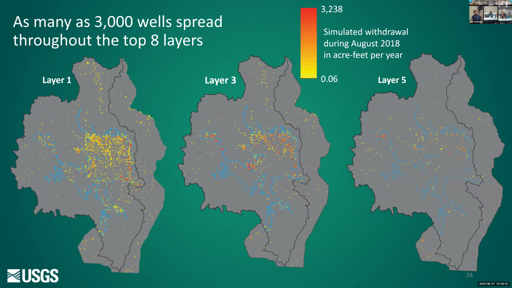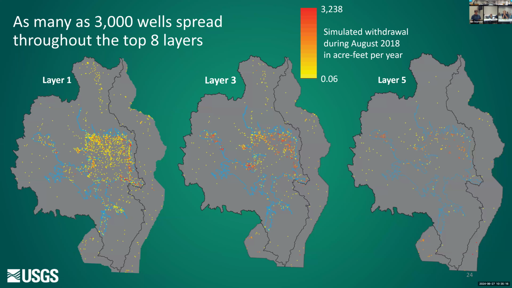So once we built the framework, put water in, and figured out where water is coming out, we need to do what we call calibration, right? So we want to match what the model is telling us to what we've actually measured through time in the real world, which is the water levels as the aquifer has filled up and drained of water.